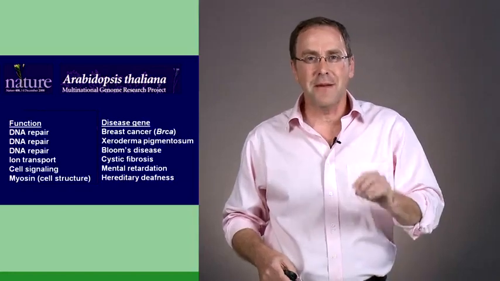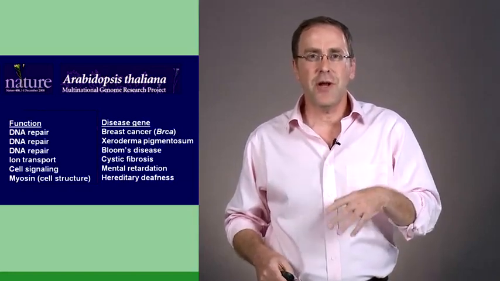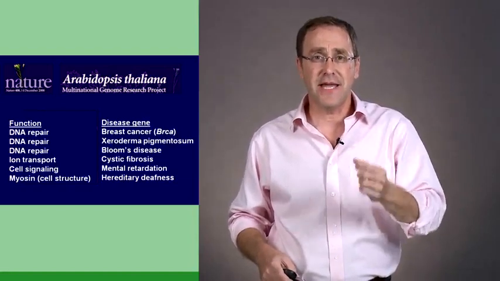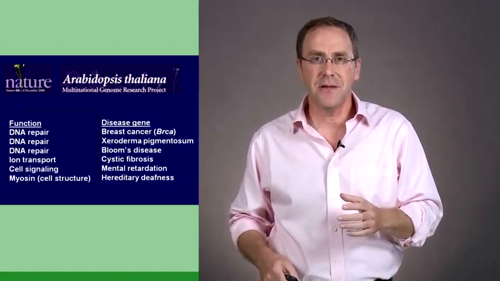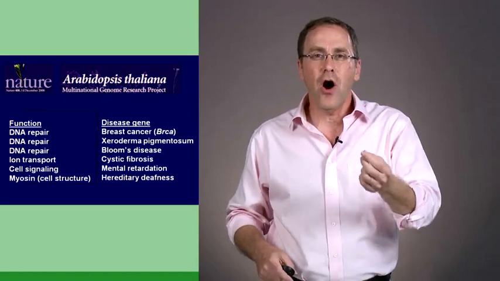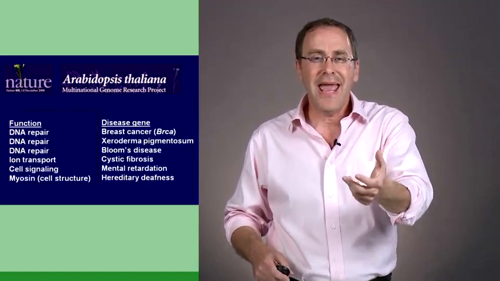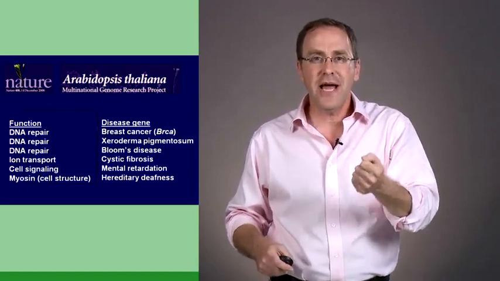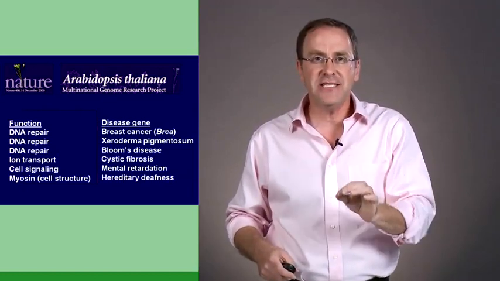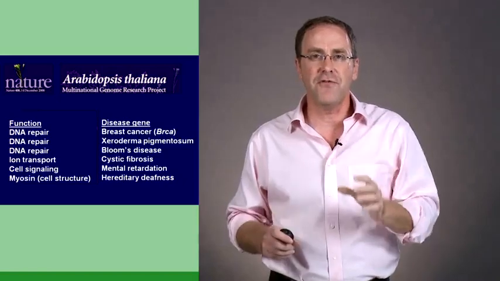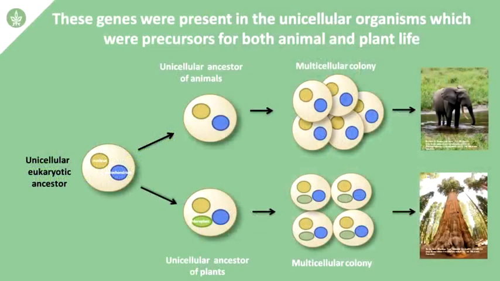The fact that Arabidopsis contains the genes for hereditary deafness and for breast cancer and for cystic fibrosis implies that all the organisms that preceded Arabidopsis and humans in evolution also had to have these genes. These are genes that are necessary for cellular function. So if we look at evolution, these genes must have been present in the unicellular organisms, which were the precursors of both plant life and animal life.